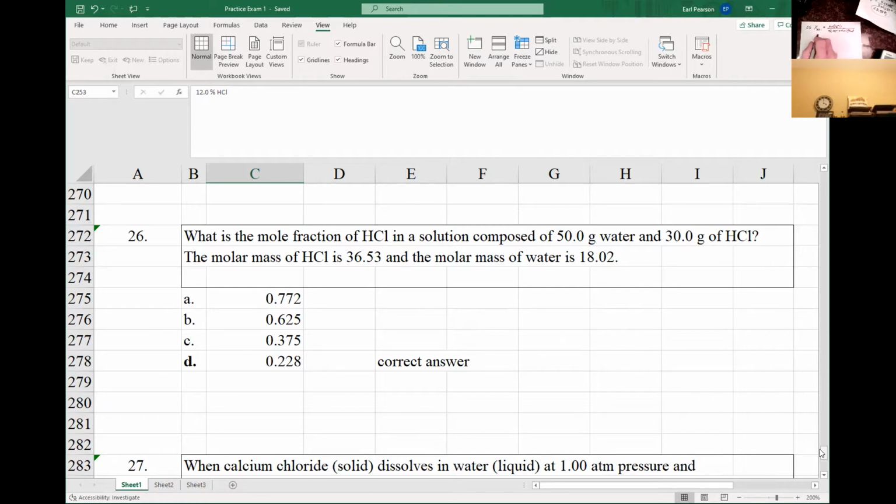Now we've got 30 grams of HCl, and it's 36.53. We've got 50 grams of H2O, and 18.02 is the molecular weight.